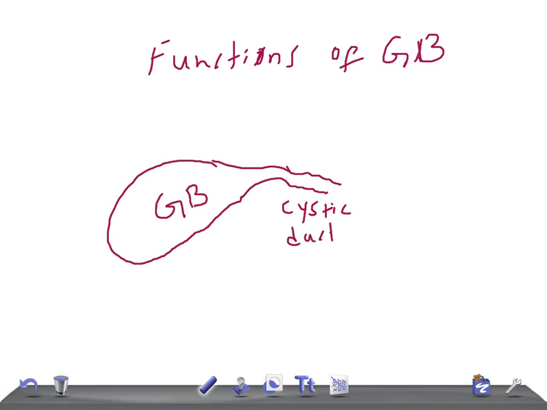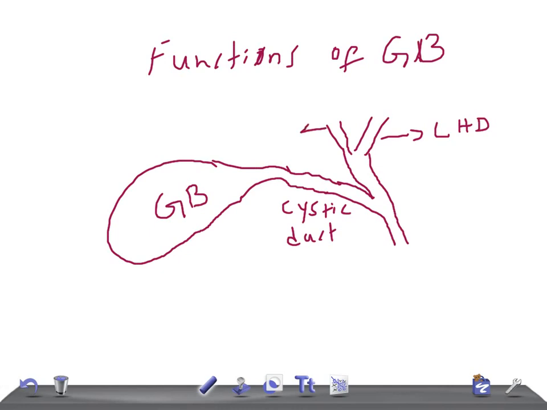The right hepatic and the left hepatic ducts join to form a common hepatic duct. This is the left hepatic duct, this is the right hepatic duct, and this is known as the common hepatic duct, right guys?